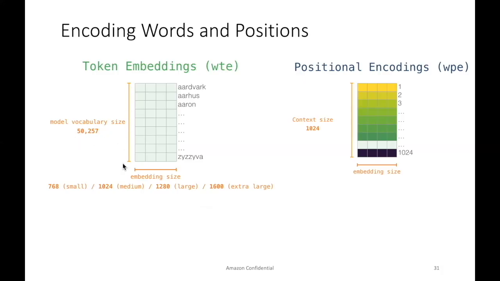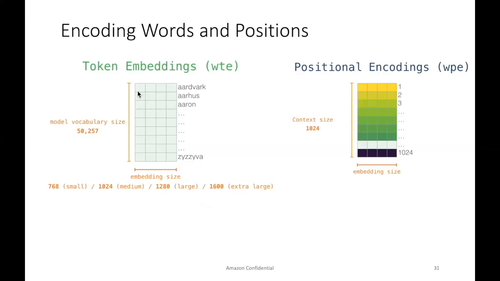And the embedding size, which is the number of columns in the table, will denote what size of hidden state, or what number of embeddings, we want to use for each word. So for example, here one word will be represented by this many columns. This will have basically arbitrary numbers which will be trained during the model training, and they will begin to represent the word as the model is trained further and further.